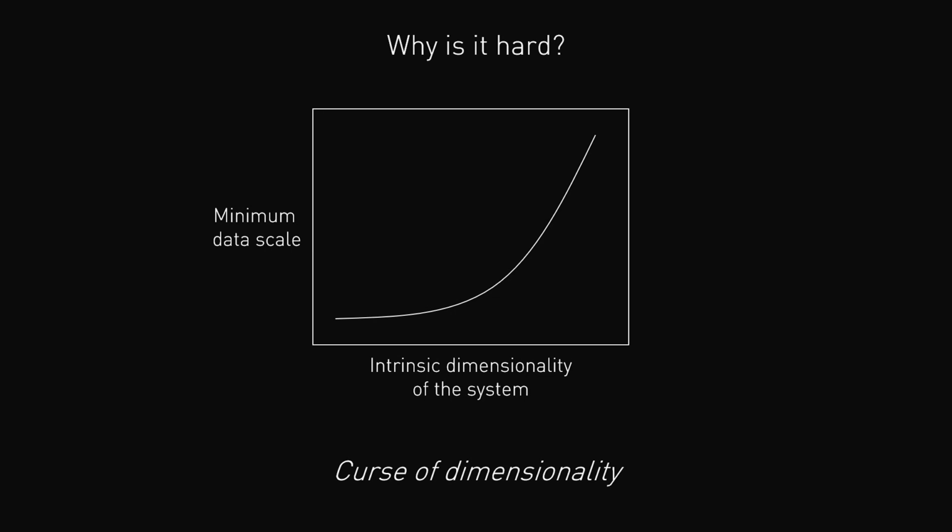And so the minimum data scale, in order to be able to fit a model that captures the behavior of the system well, ends up scaling, at least in theory, exponentially with dimensionality. So it becomes harder and harder, the more complex the system is, to gather sufficient data in order to make the model work.